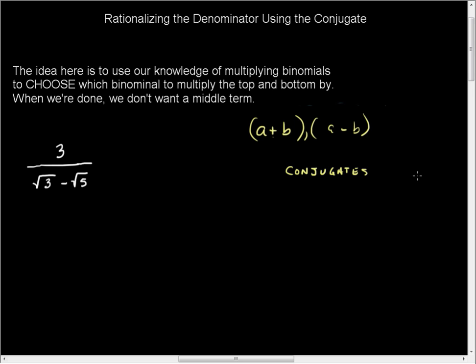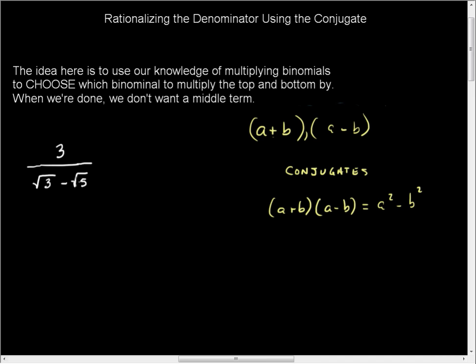Okay? If you do that and you multiply conjugates, you get the difference of squares. Well, that's that difference of squares that we want to use here, because that means if we have difference of squares, the individual things are squared, then we could go ahead and cancel out the root.